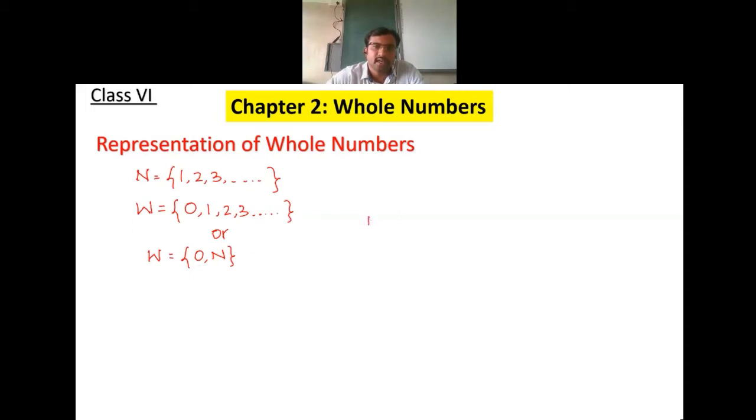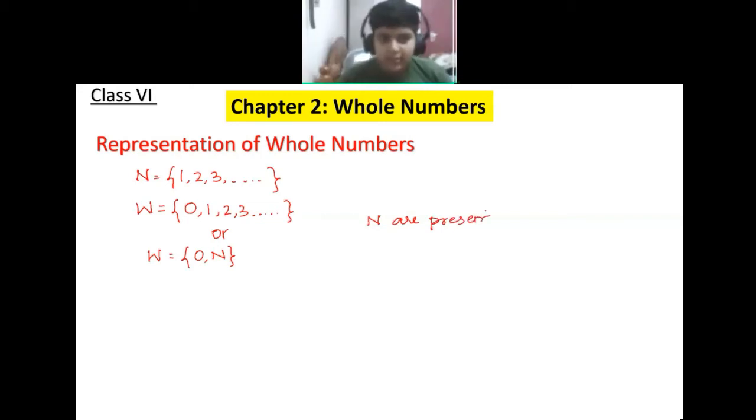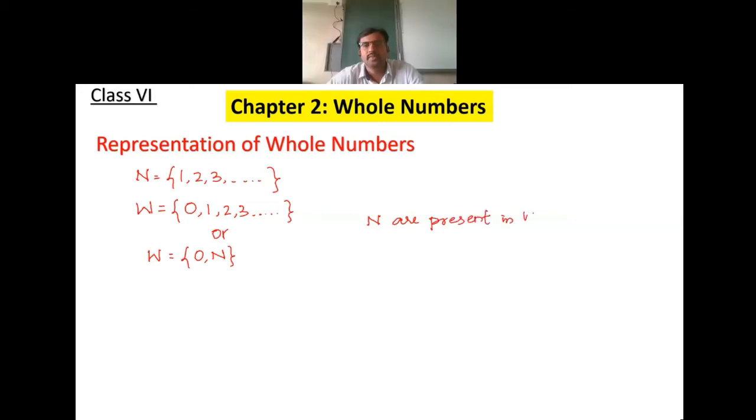We can say that the set of natural numbers is present in whole numbers. Can we say the reverse? Set of whole numbers present in natural numbers? No, we should not say that because 0 is not present in the set of natural numbers. We represent it like this: N ⊂ W. What is the meaning of N ⊂ W?